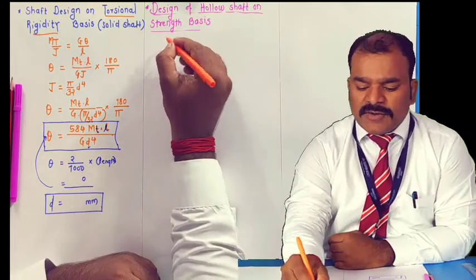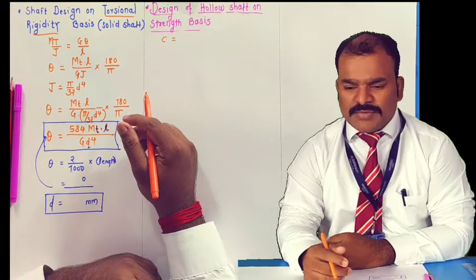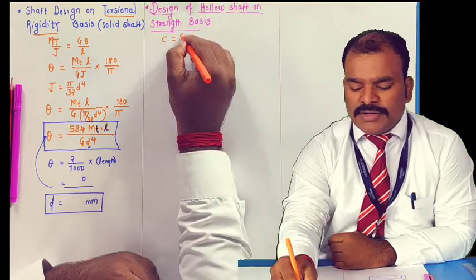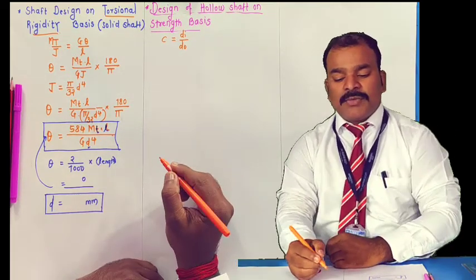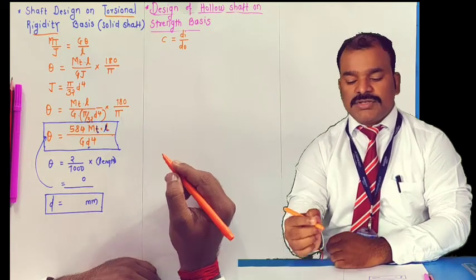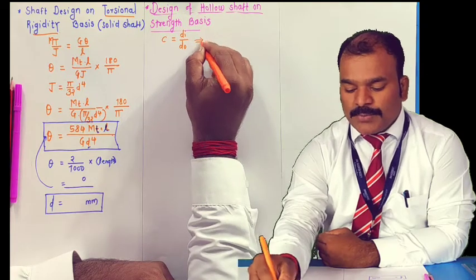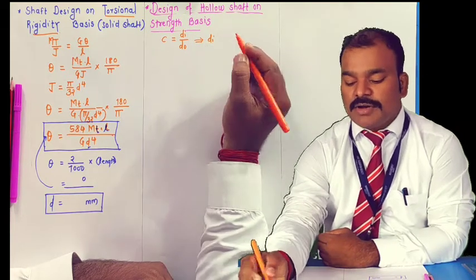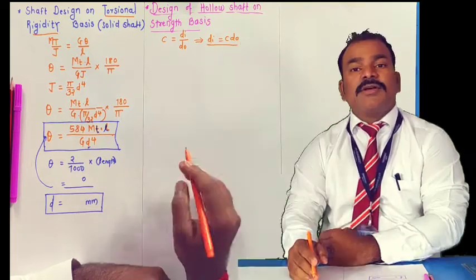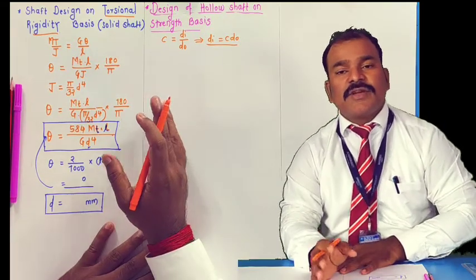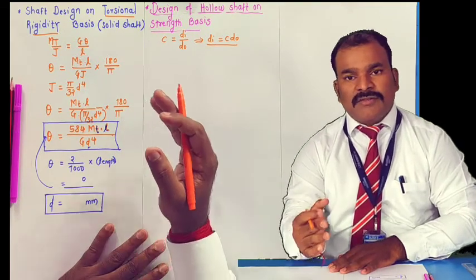So I can consider one assumption, that C is equal to the inside diameter divided by the outside diameter, di by do. Or else I can say the inside diameter di is equal to C into do.